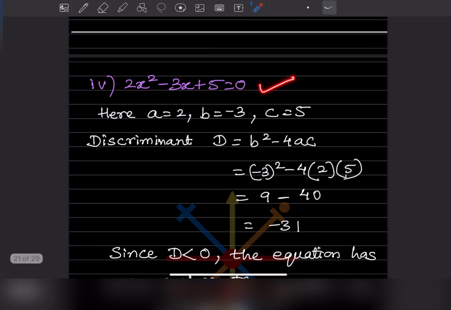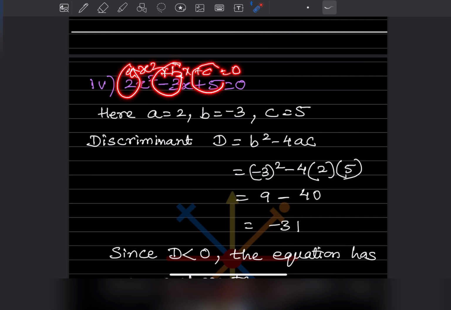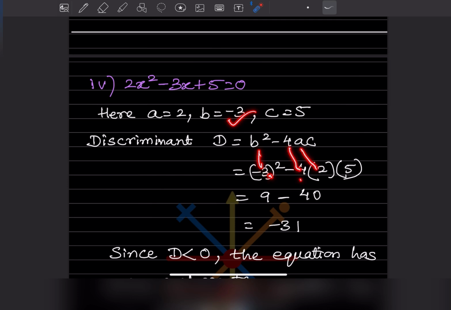Now here this is the equation. Again here A, B, and C, that is ax square plus bx plus c is equal to 0. So this will be 2, this is going to be minus 3, and this is going to be plus 5. So discriminant again b square minus 4ac. So this will be minus 3 square minus 4, a is 2, and c is 5.